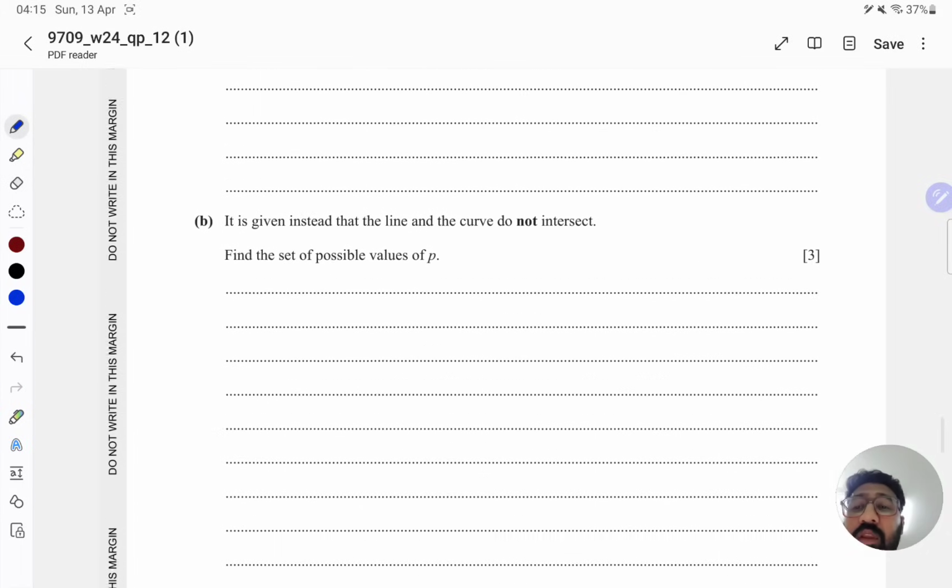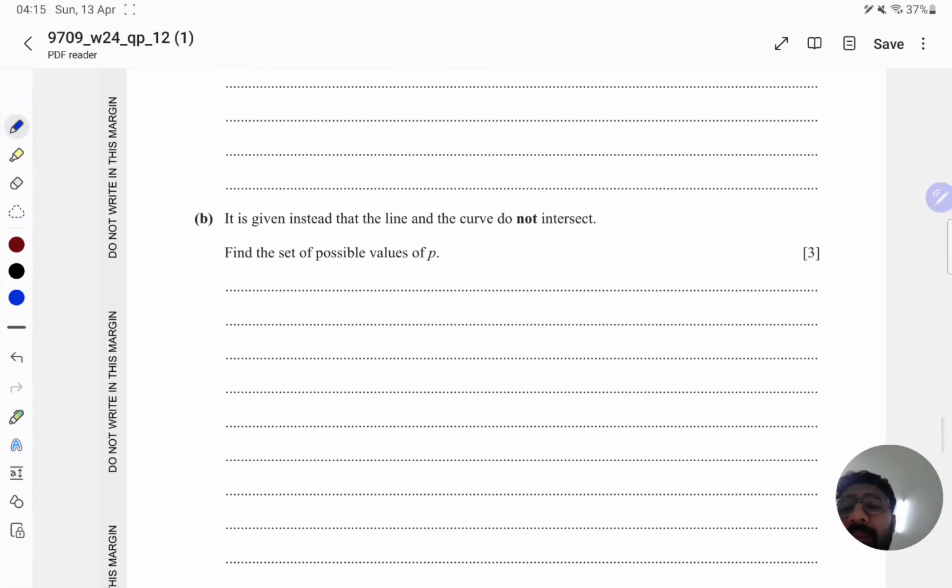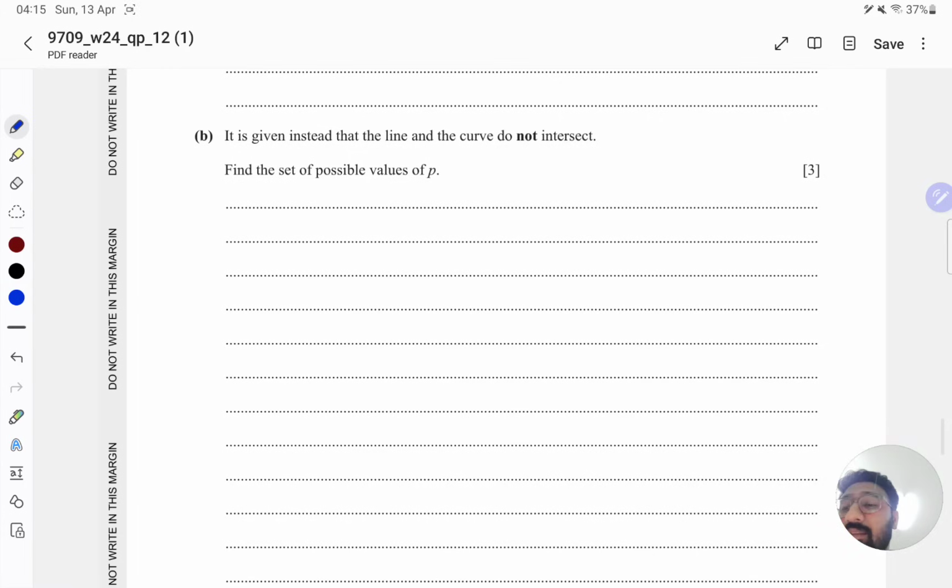Okay, the next part: it is given that the line and the curve do not intersect. That means if I visualize this, this is the curve, and if this is the line, that's how they look.